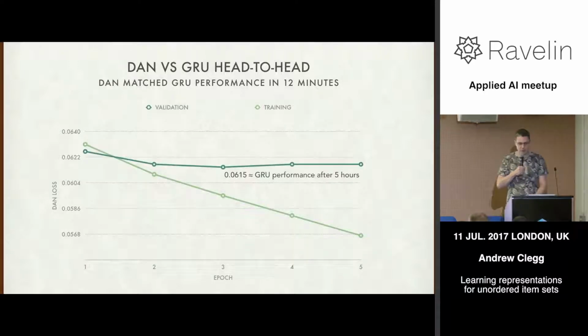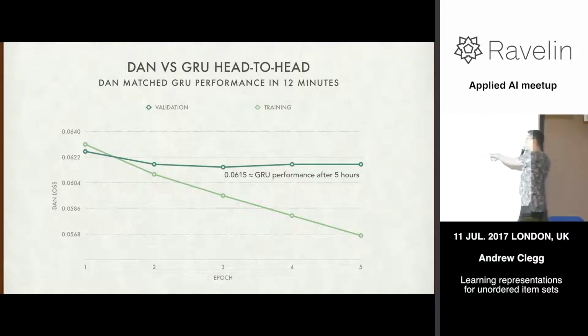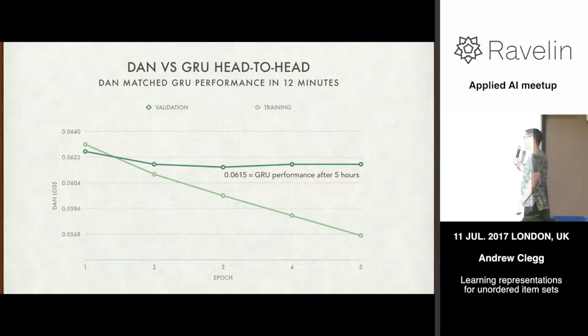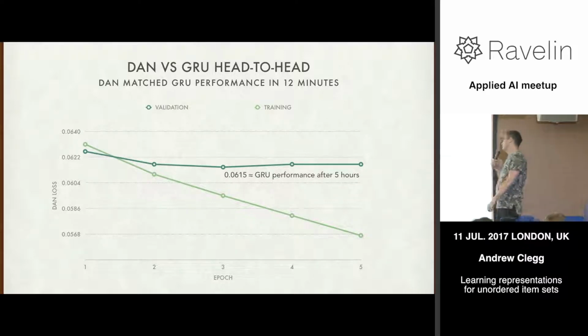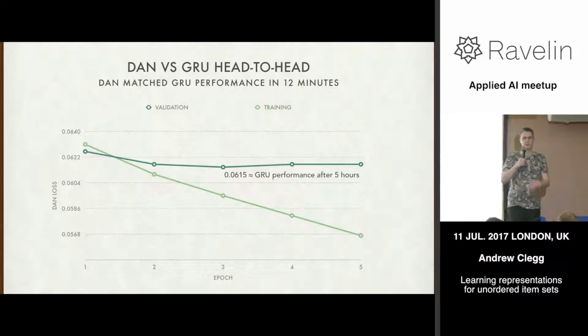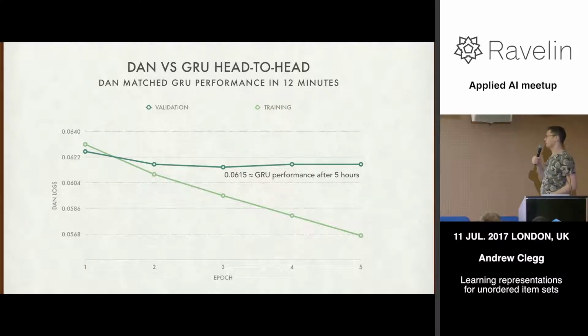And then if you keep on training the DAN, this is the training loss and validation loss over 5 epochs. By the third epoch, which is like 12 minutes, it's already doing as well on the held out data as the GRU did after like 5 hours of training. And the fact that the training loss is still going down suggests that with throwing some regularization in there, we might be able to get better performance out of that.